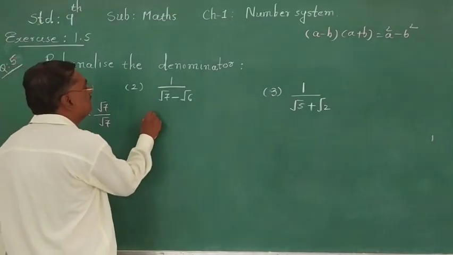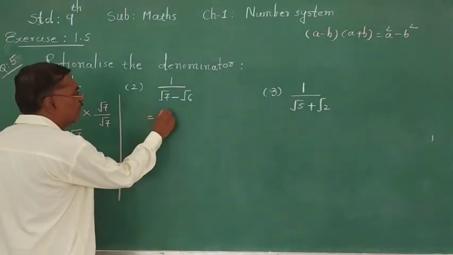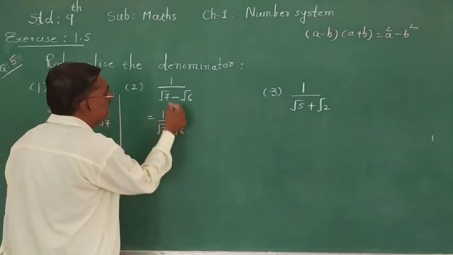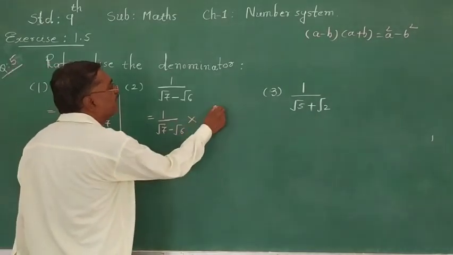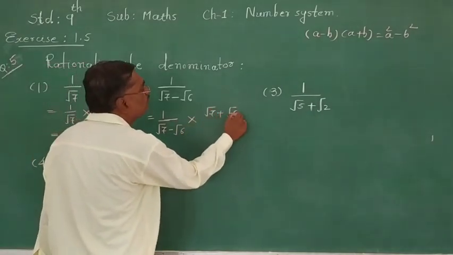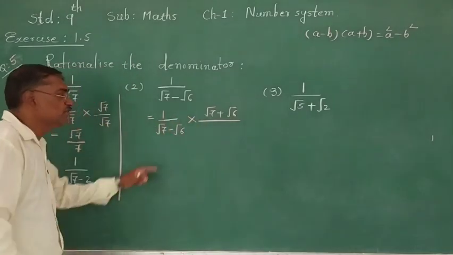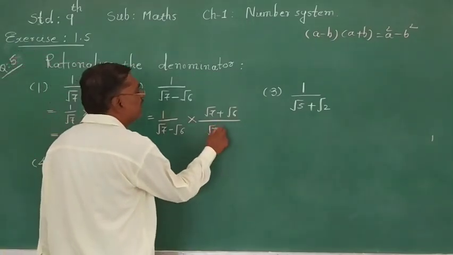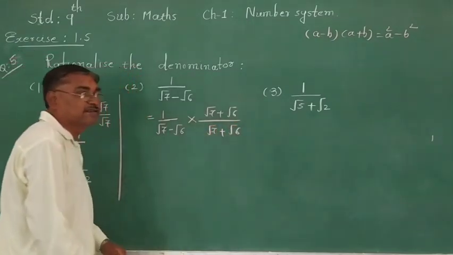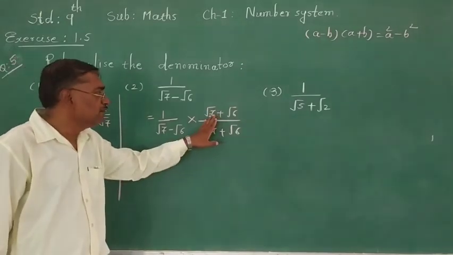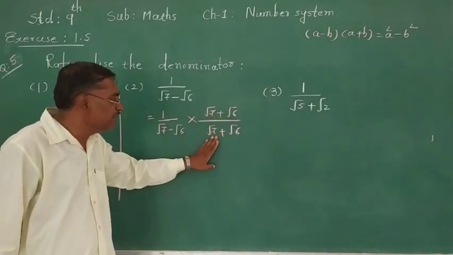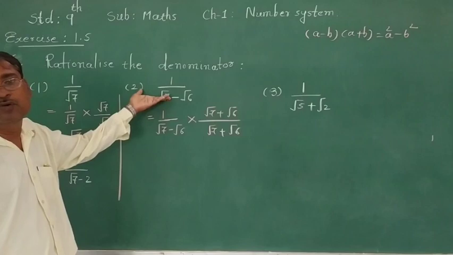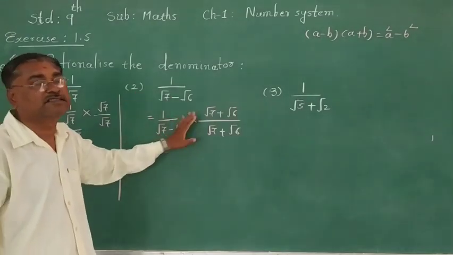So, see here. 1 upon root 7 minus root 6 is given. We multiply by root 7 plus root 6, with the opposite sign, because we have the formula with the opposite sign. So root 7 plus root 6. Multiplying by root 7 plus root 6 and dividing by root 7 plus root 6, these two terms would cancel and we would get our original question, but we don't cancel these. Now see.